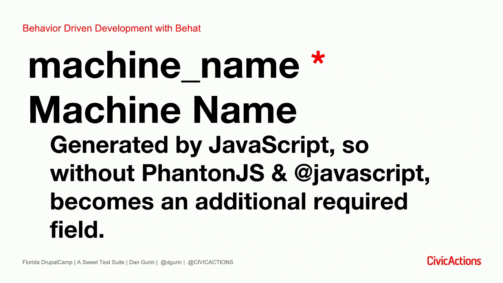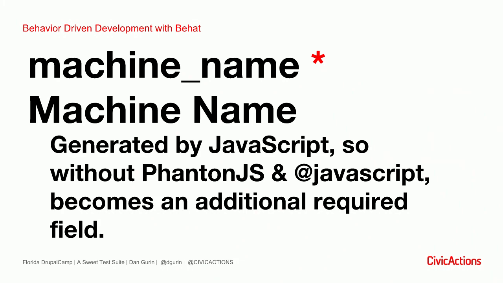All right, so if you've ever created a node in Drupal 8 and had JavaScript on and you've started creating the title, you might notice that the machine name is automatically getting created while you're doing that, and that's JavaScript.